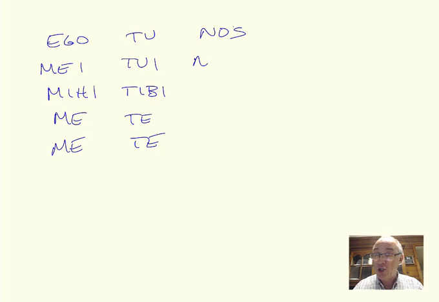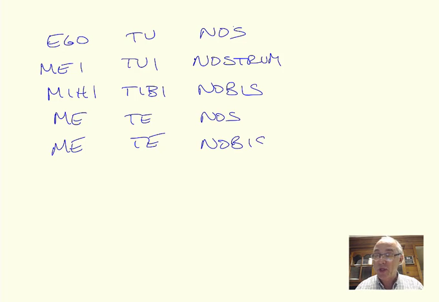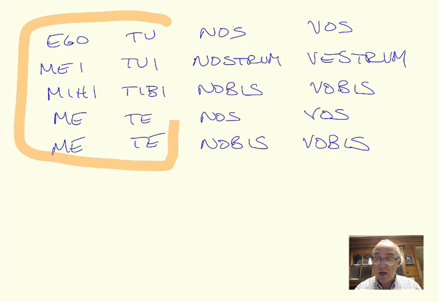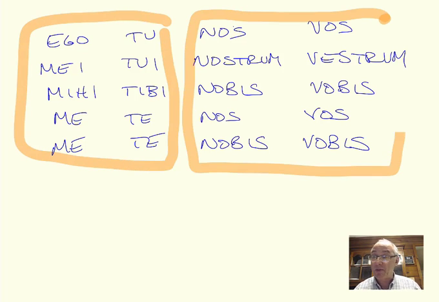Nos, nostrum, nobis, nos, nobis, and vos, vestrum, vobis, vos, vobis. You can see the singular is very similar, and the plural is very similar. Very, very consistent in their formations between the singular and plural. And again, you just have to memorize them.